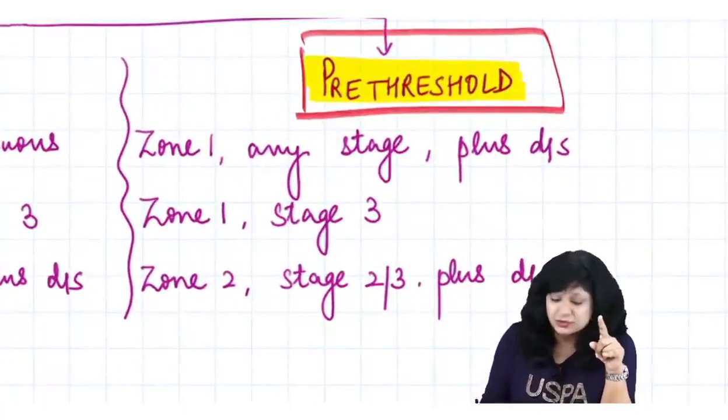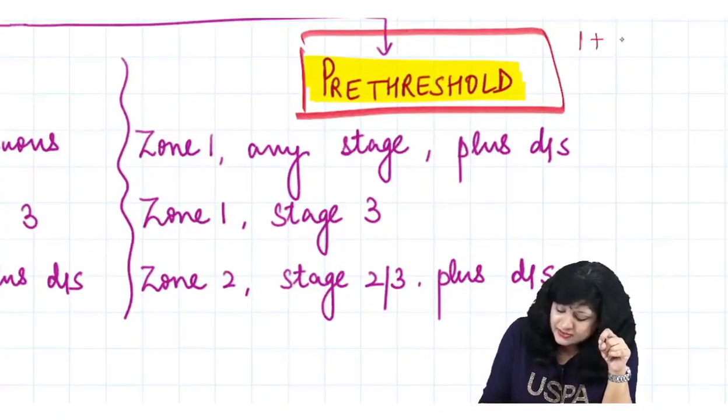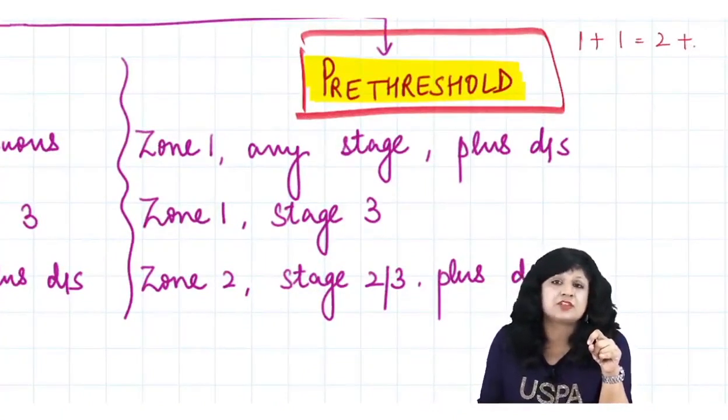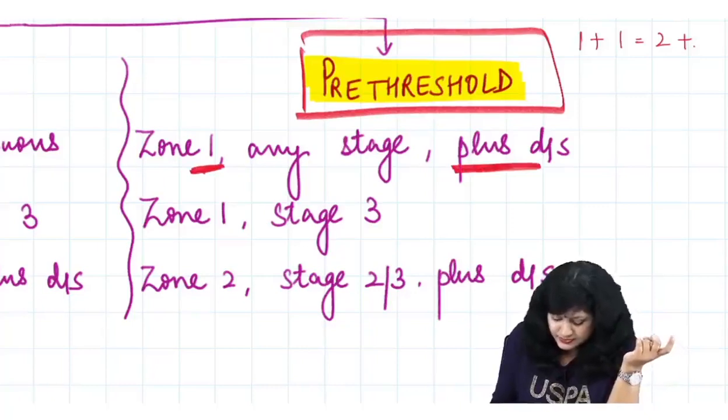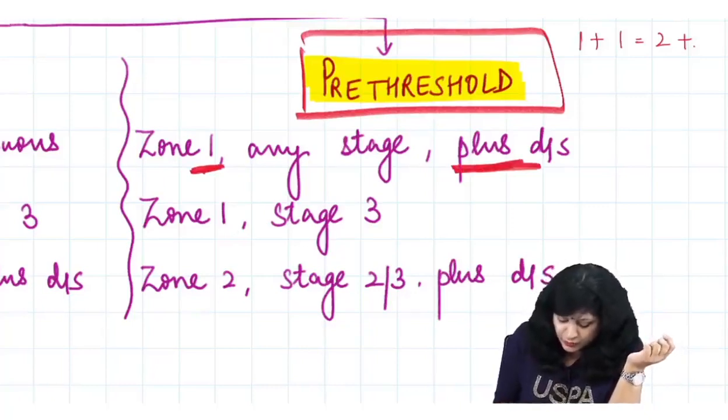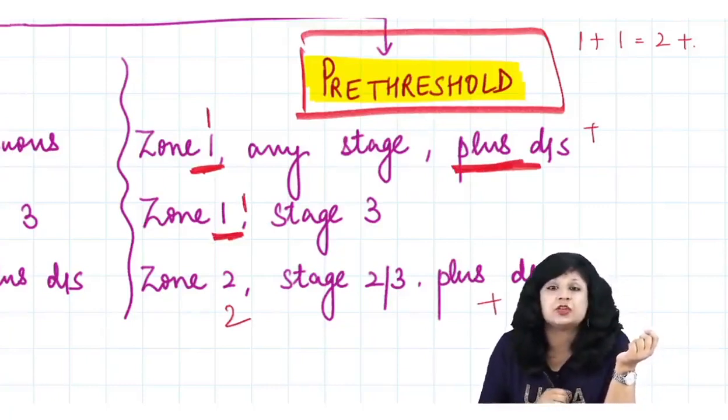And if you remember, I told you 1 plus 1 is equal to 2 plus. You can easily remember the pre-threshold criteria with 1 plus 1 is equal to 2 plus. This is your mnemonic.